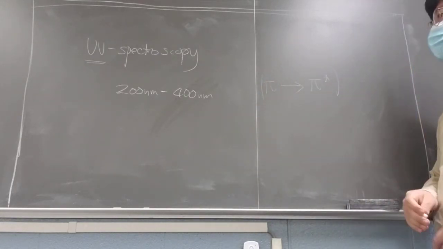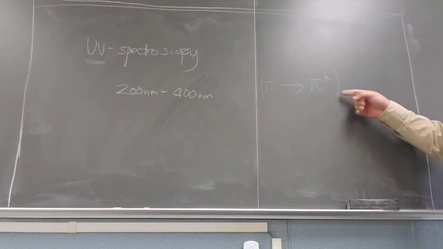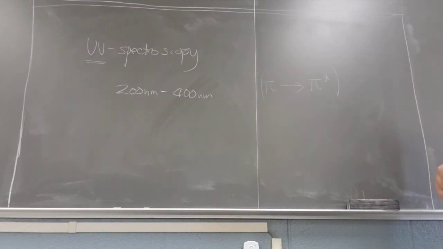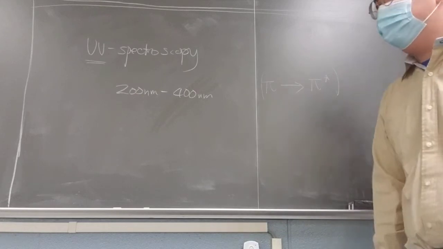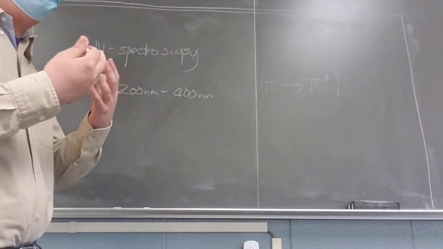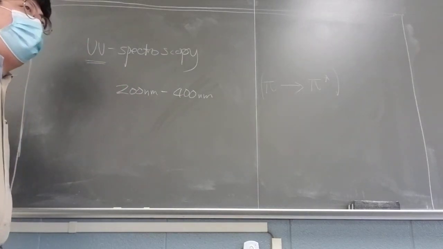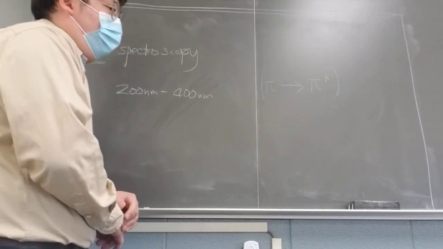We call it pi to pi star excitation, because literally we're putting an electron on the upper, higher antibonding energy level, which is only possible when you have UV irradiation on the sample. If that happens, it will absorb a certain amount of energy in the form of light, and then we measure the amount of absorbed light to analyze how many of those conjugated pi systems, and how many of those compounds, are in the sample.